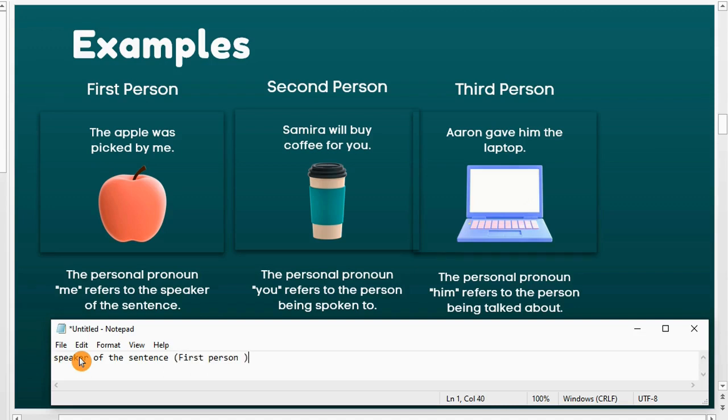On the other hand, the second person: Samira will buy coffee for you. It's talking about you, and refers to the person being spoken to. Second person refers to the person spoken to.